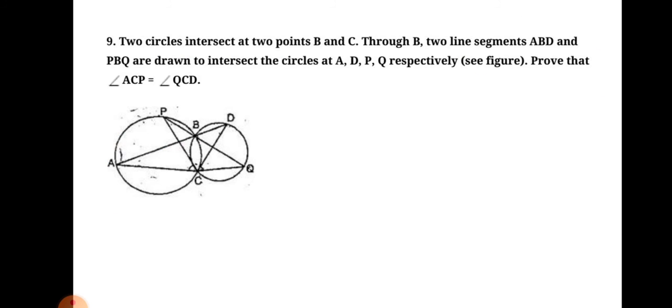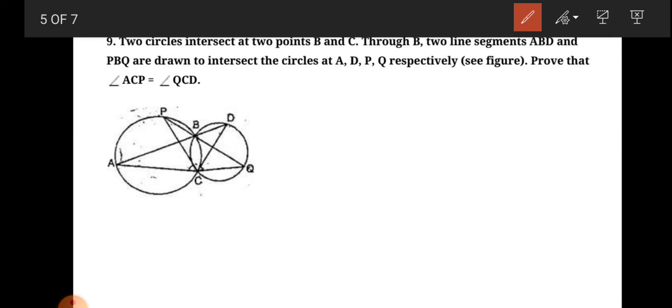Question number 9. Two circles intersect at points B and C. Through B, two line segments ABD and PBQ are drawn to intersect the circles at A, D and P, Q respectively. Prove that angle ACP is equal to angle QCD.